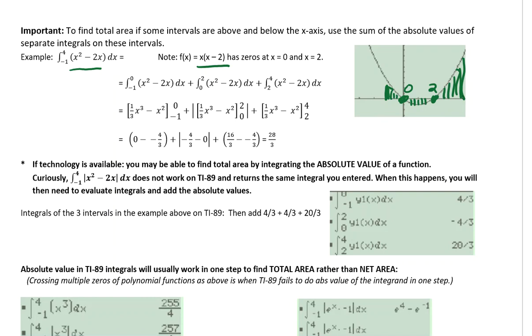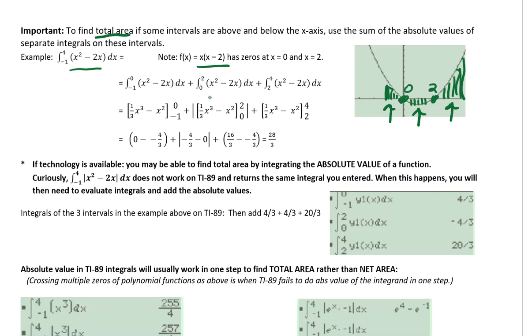So if we want to find the total area as opposed to the net area, the word total is going to always be a big signal to you to do the problem carefully. So our total area here, we would have to separate into 3 separate integrals.